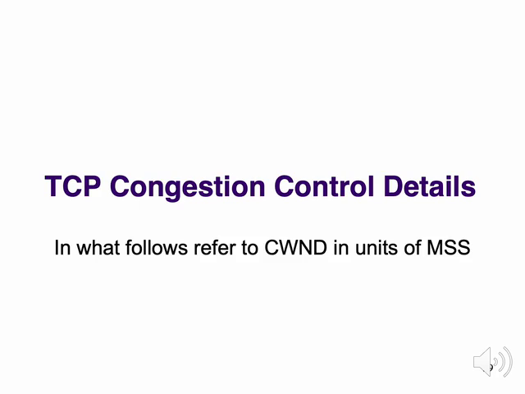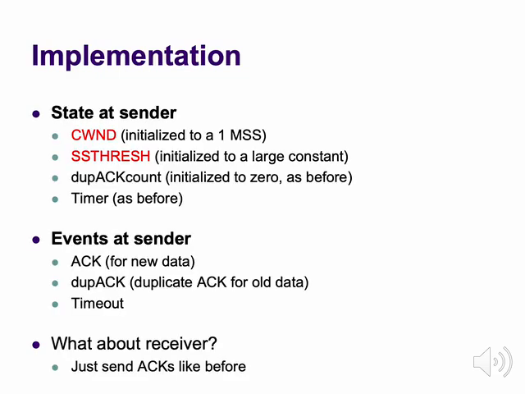Okay. So with that, the implementation, the state at the sender: there are 4 basic forms of state the sender maintains to implement, not just congestion control, actually this is reliability and congestion control in some sense. The congestion window, C-wind, which we initialize to 1 MSS, SS thresh, which at the beginning of time we initialize to a very large constant.